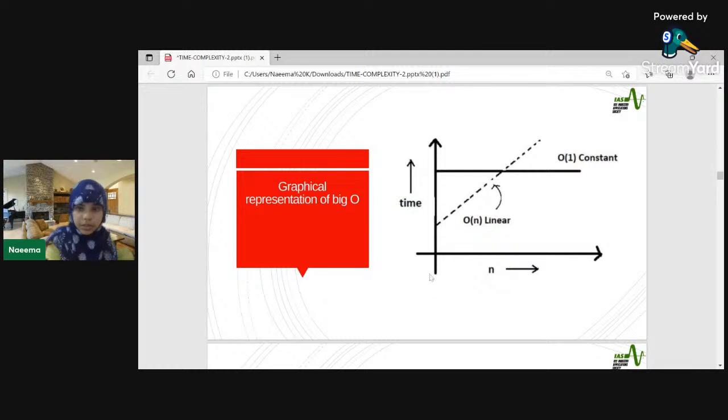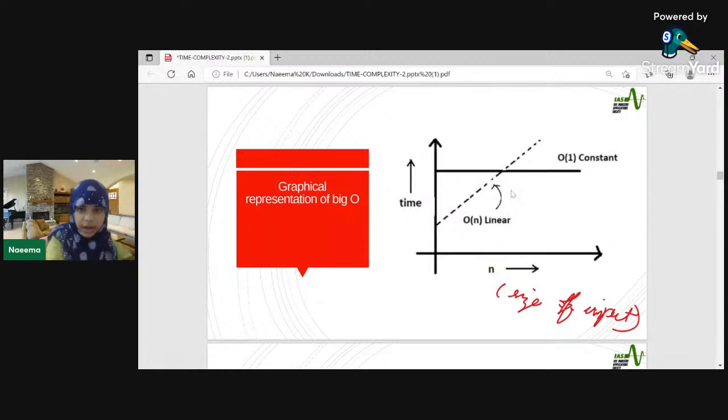Here's a graphical representation of big O. The x-axis represents the size of array, the size of input. And the y-axis represents the runtime, the time taken by the algorithm to complete the task.